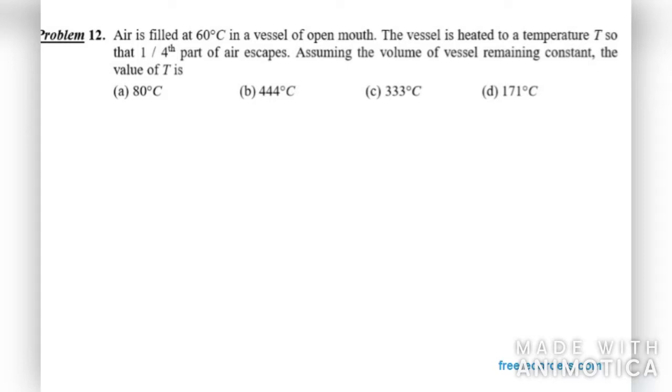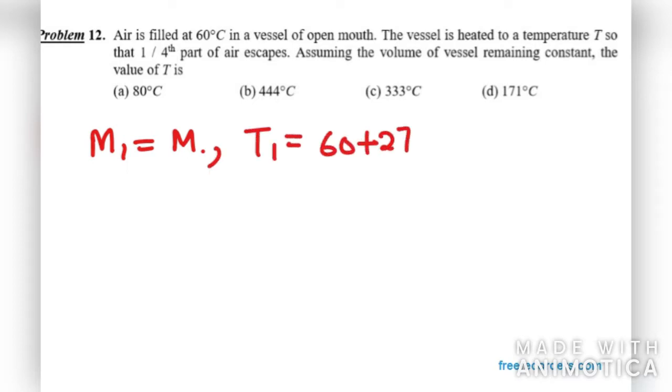So we need to find the value of T. T1 in this case is 60, so we need to convert this into Kelvin. So it will be 333 Kelvin.